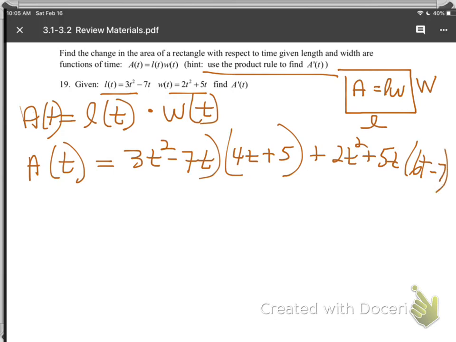Okay, so we're going to have to clean this up a little bit. So I believe what I did was FOILed everything.